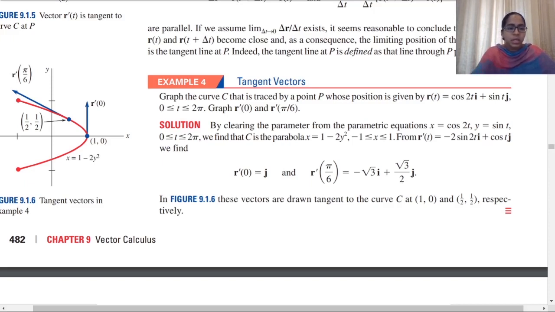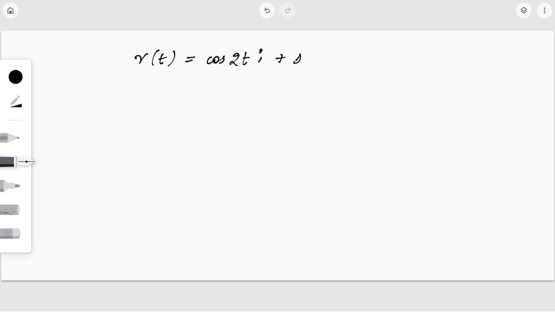For that, the problem is to find the tangent vectors of the function. The vector function is r of t equals cos 2t i plus sin t j.